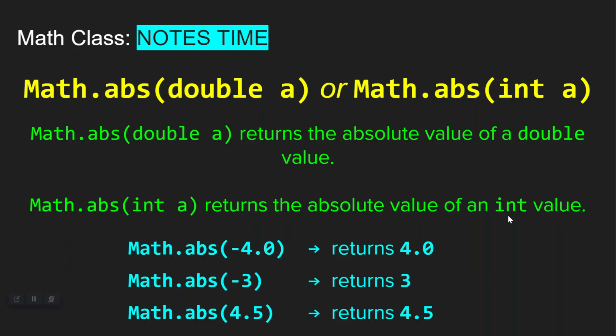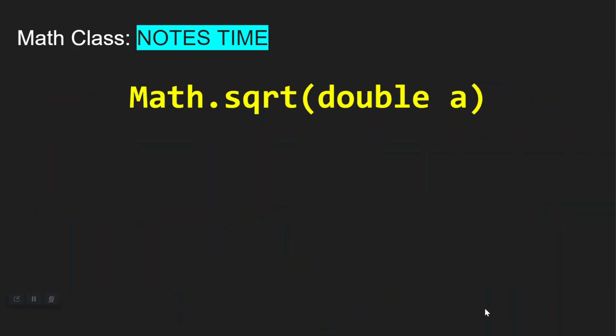A couple of quick examples: Math.abs of negative 4.0 is just going to return 4.0 because that's the absolute value. Same thing with Math.abs of negative 3, that's just going to return 3. Math.abs of 4.5 is just going to return 4.5. It's pretty easy, pretty straightforward, this one.